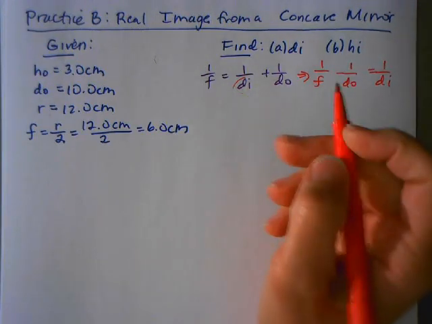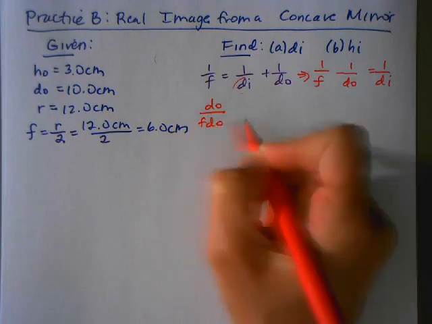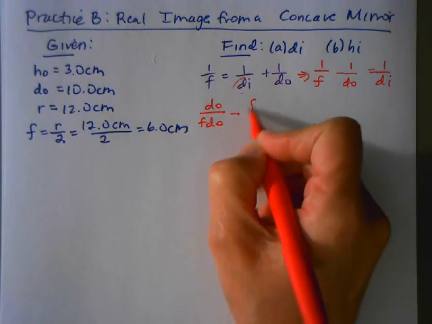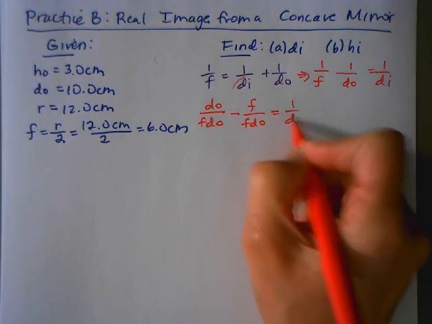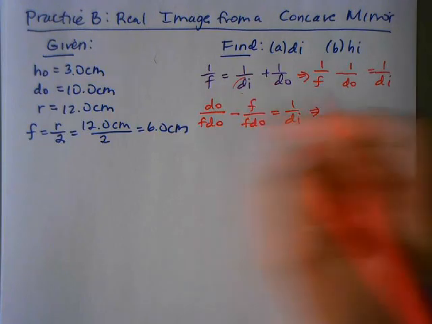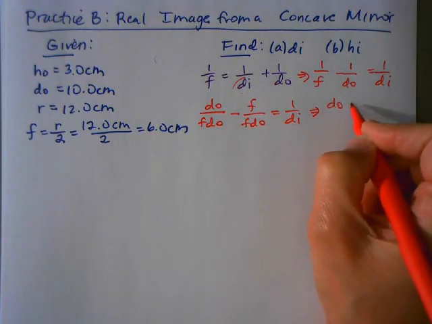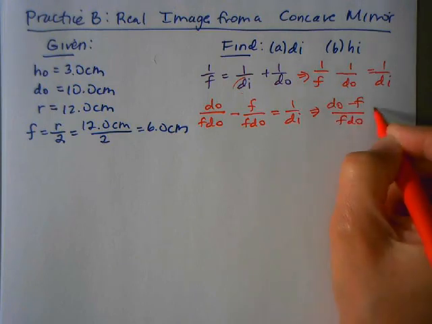So I would have DO over FDO minus F over FDO is equal to 1 over DI. Then I go ahead and subtract. So DO minus F over FDO is equal to 1 over DI.